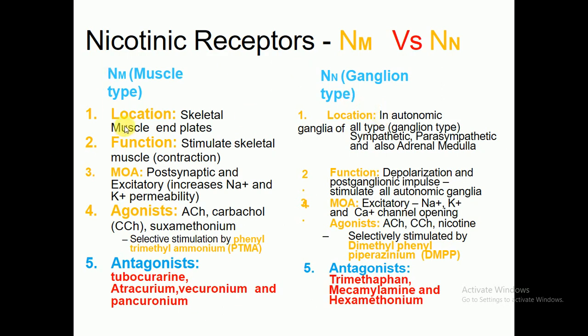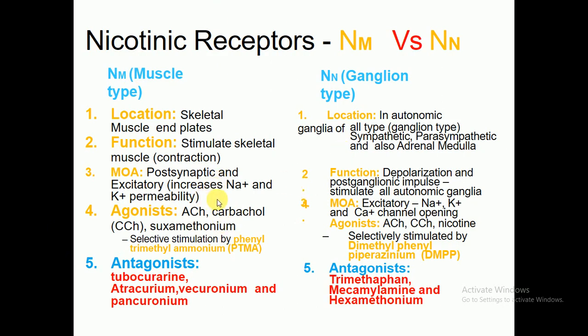The muscle type nicotinic receptors are anatomically present in the skeletal muscles at the end plates. Their function is to stimulate skeletal muscle contractions. The mechanism of action of these muscle type nicotinic receptors is that they directly turn post-synaptic and excitatory.